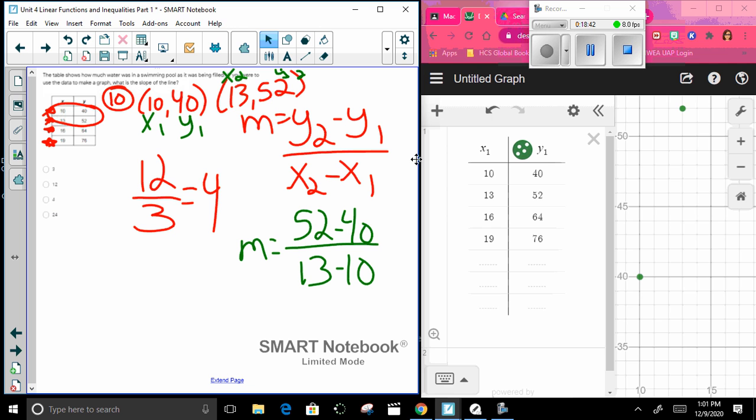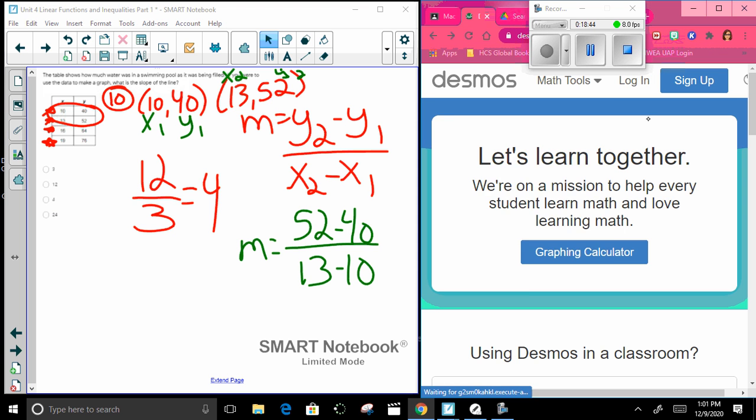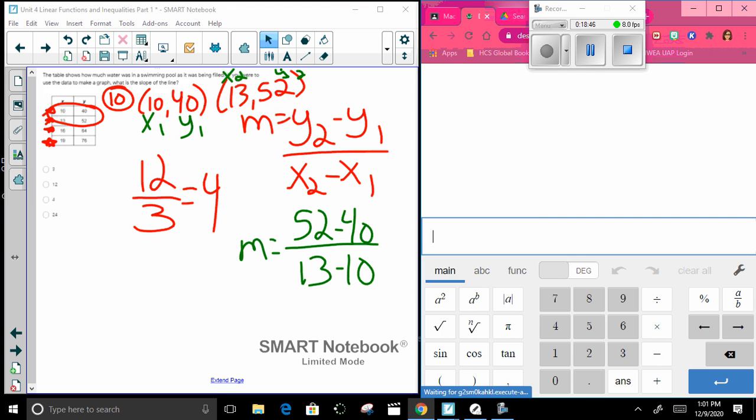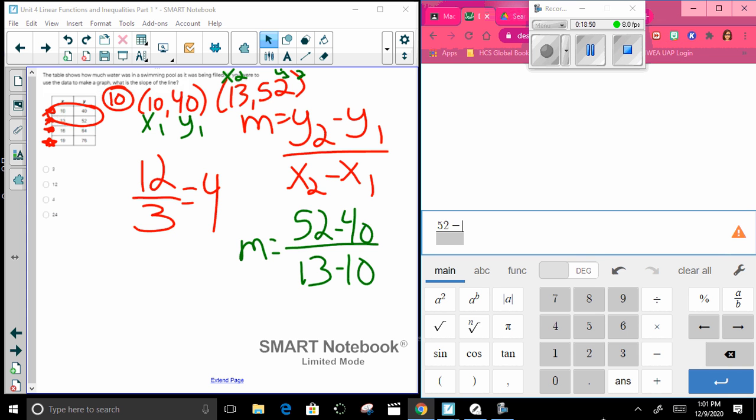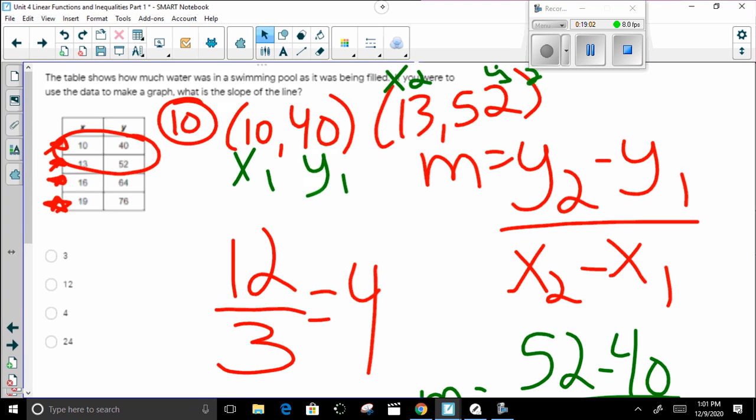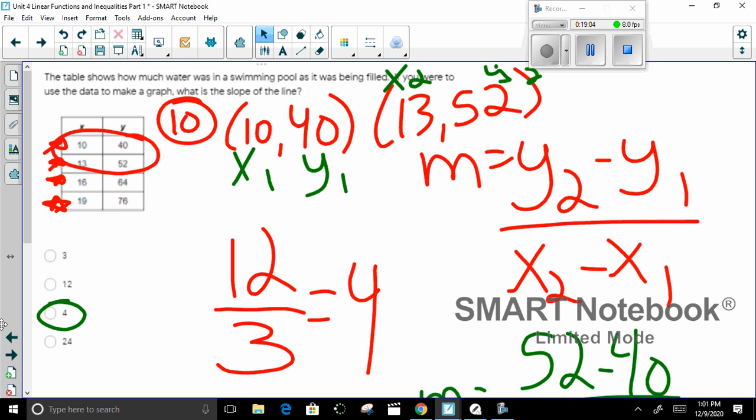And then from there, I could use the scientific calculator portion, make my fraction, see what it reduces to for me. 13 minus 10, and it reduces to 4. So either way, I get my answer of 4.